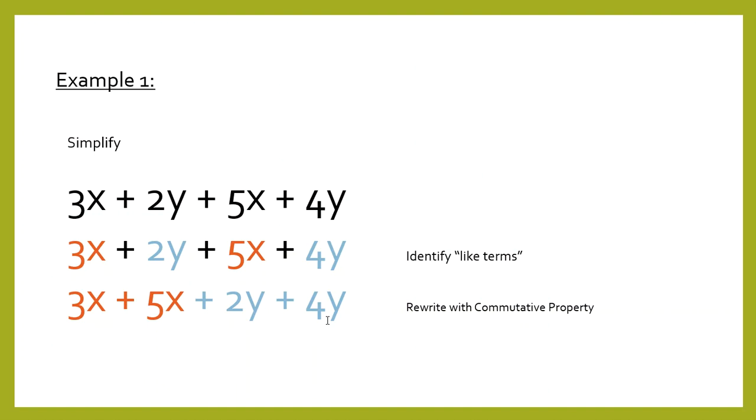What are we going to write on our final line here? Right, so probably most of you were able to figure this one out. And it is 8x plus 6y. Pretty simple, really. We're going to move things around that are alike to put them near each other, and then we're going to combine their values.